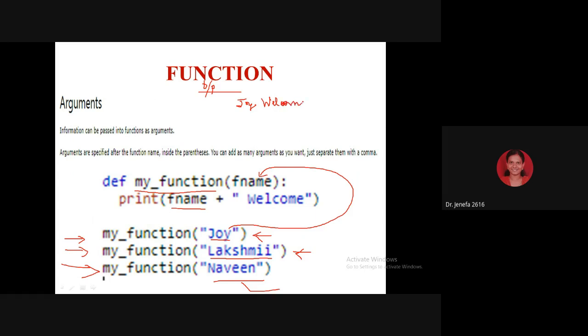The second time, the function is called again, so we'll get the output as the name that's passed from function calling to function definition, that is Lakshmi. At the third time, we are passing the value Nami from here to there, so we'll get the output as Nami. This is how we can pass values from function call into function definition.